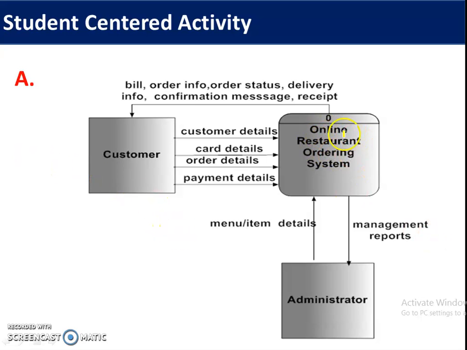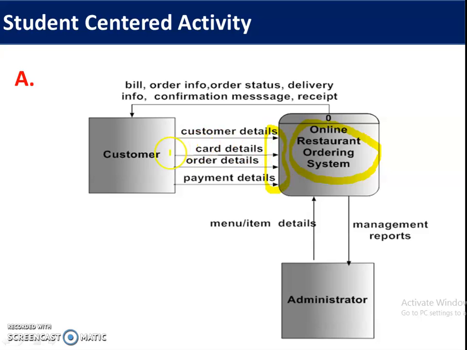So what's the name of the whole process or the whole system? Now it is very clear here that there's only one big process and it is labeled 0. So the name of the system is Online Restaurant Ordering System. Then we have two external entities, the customer and the administrator. In each external entity, you can see all the inputs from the entity to the system.